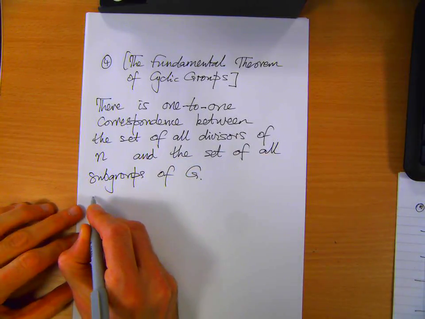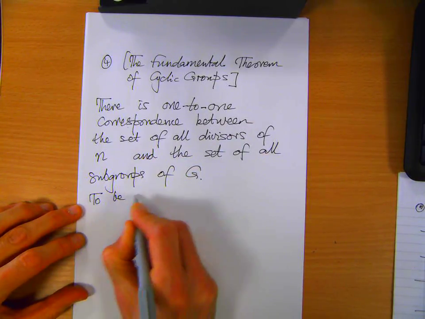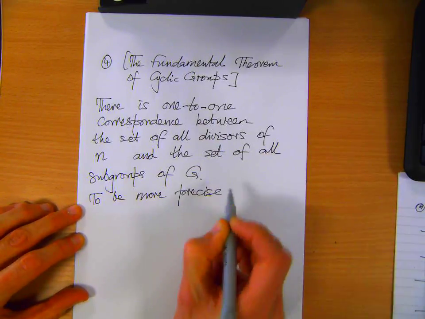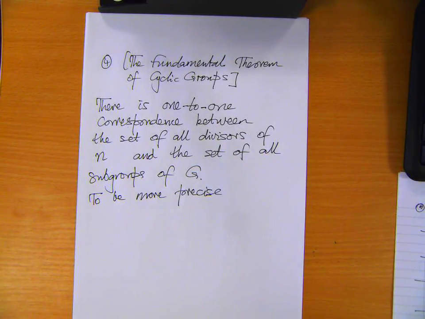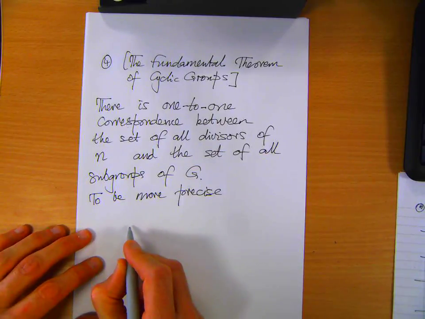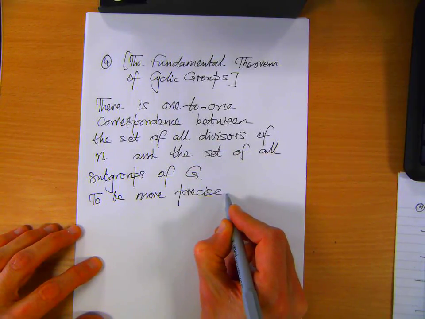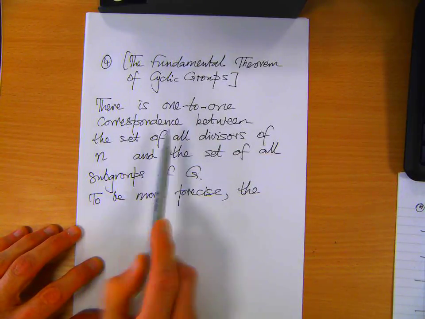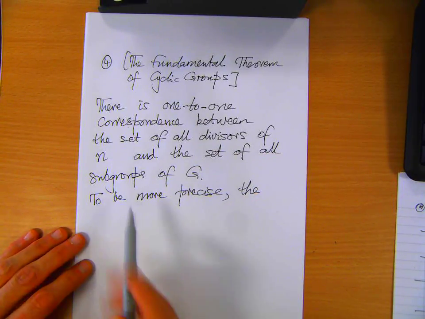So to be more precise, I'm going to write this down in a more precise way. I'm going to introduce a bijection, a function that will turn out to be a bijection.